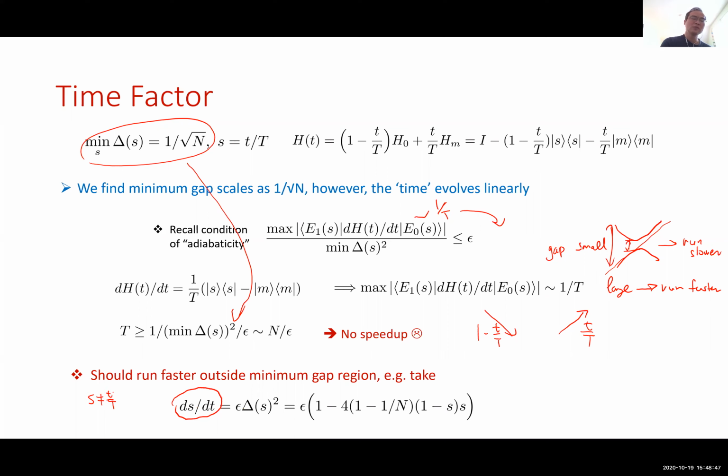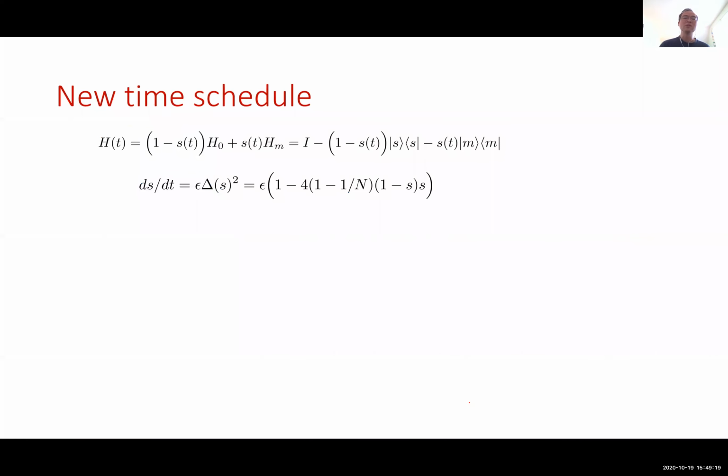We're going to just define it as a function, okay? So we want this rate of change in s to be proportional to the minimum gap squared. That's really just one naive way of doing that, right? So that in this way, when it's in the middle, the gap is small, so the change of s will be small. Okay, so you just expand this and you can do the integration.